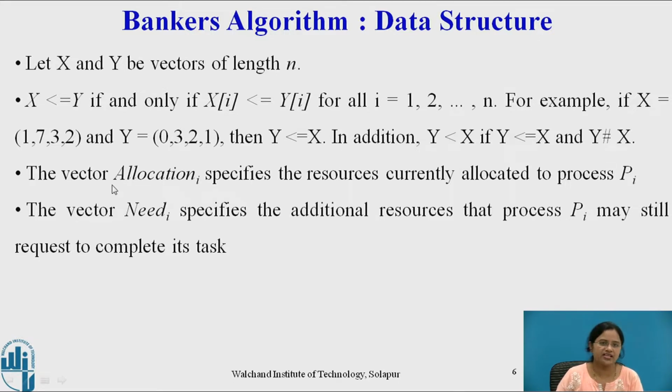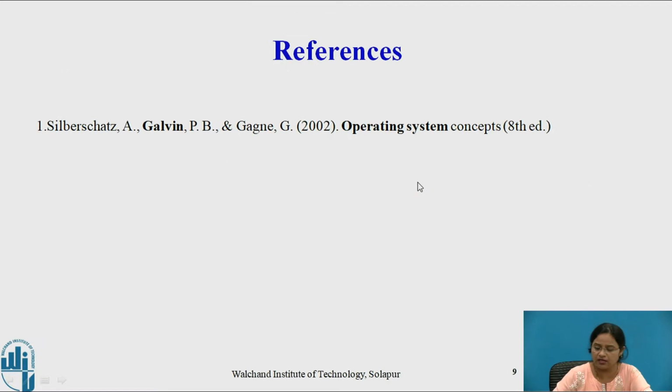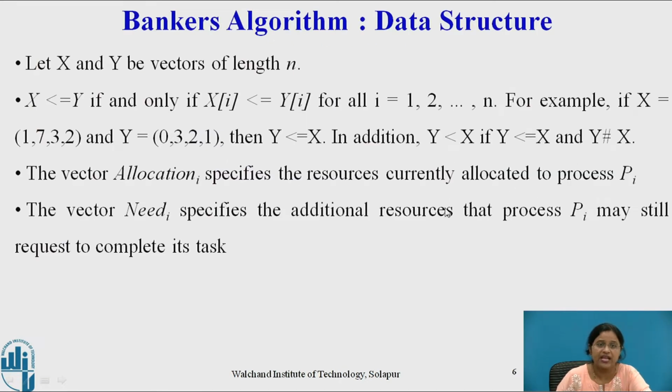So the Allocation matrix we studied shows how many resources are currently allocated to process Pi, and the Need matrix specifies the additional resources that process Pi may still request to complete its task.